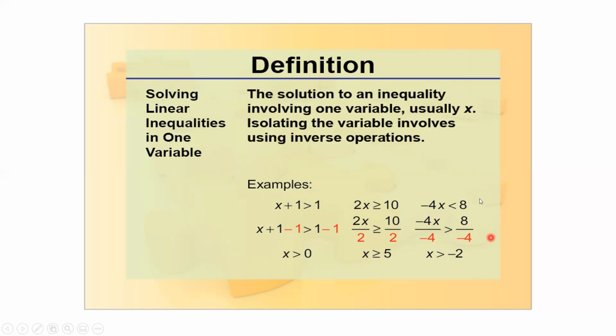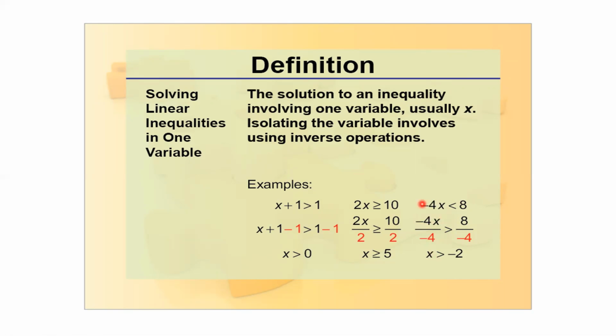Here, guys, we have to be very careful because we cannot leave x negative, so we have to make it positive. When we make it positive, the sign has to change. Right, so as you can see, -4x less than 8. If I simplify it and divide both sides by -4, -4x divided by -4 is going to be x.